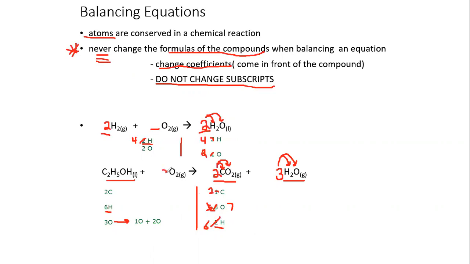So if we put a 3 here, now this becomes 6. And you see we now have a total of 7 oxygen. So this would be a balanced chemical equation.